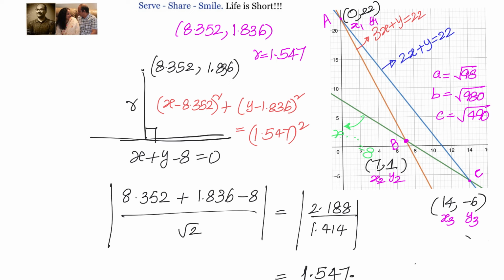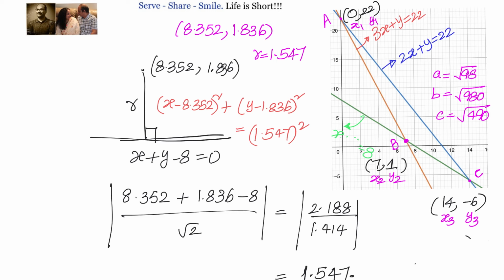We can use root 2, root 3, root 5 values and easily find the coordinates of the incenter by using the standard formula: (ax1 plus bx2 plus cx3) by (a plus b plus c) is the x coordinate of the incenter. Similarly, the y coordinate will be (ay1 plus by2 plus cy3) by (a plus b plus c).